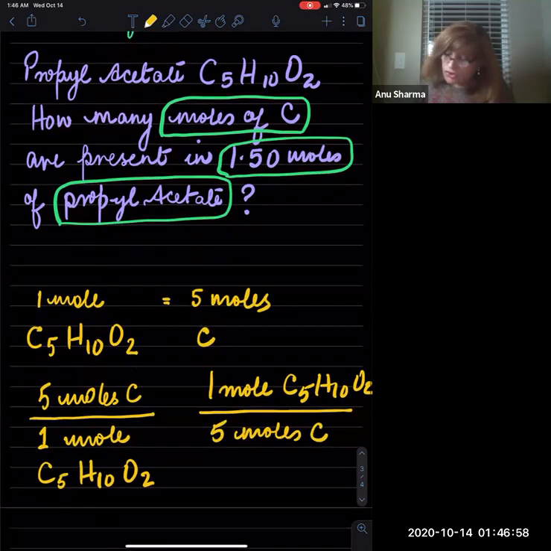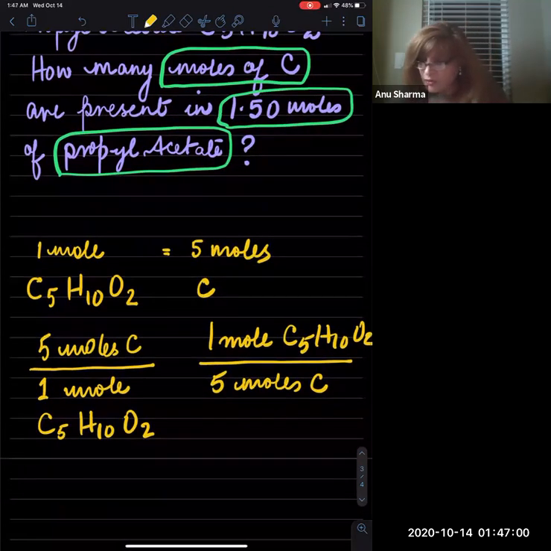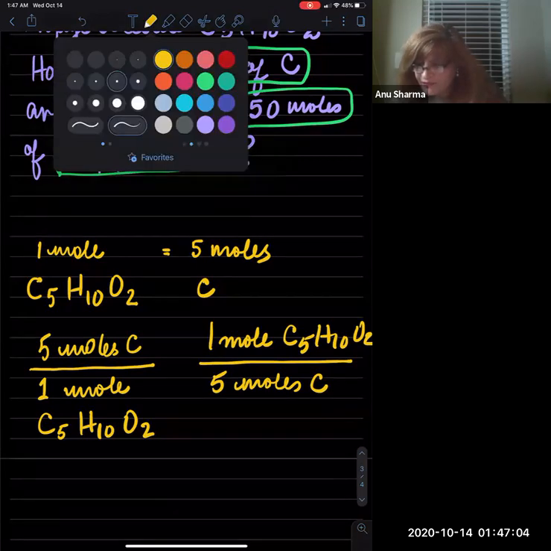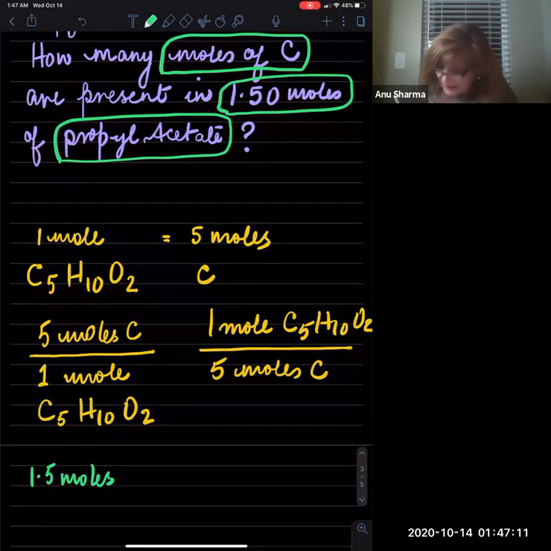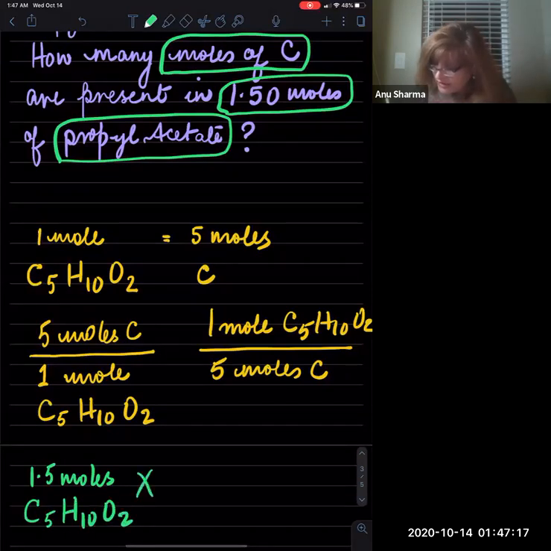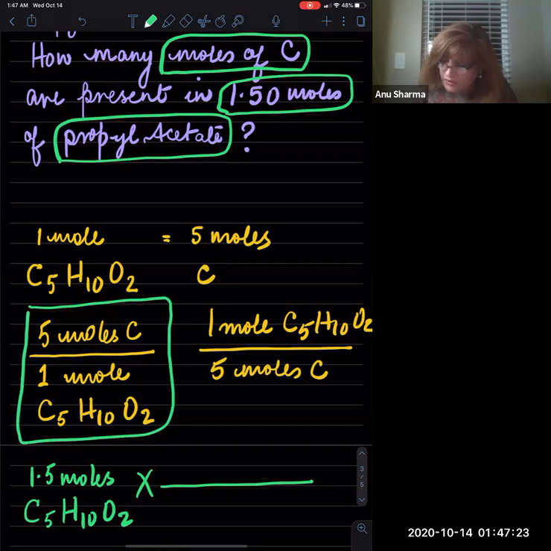All right, so which one are you going to use? You are given 1.5 moles of propyl acetate, which is C5H10O2. The question is asking us how many moles of carbon. So this conversion factor you're going to use. Why?